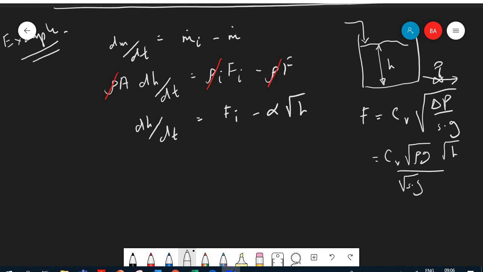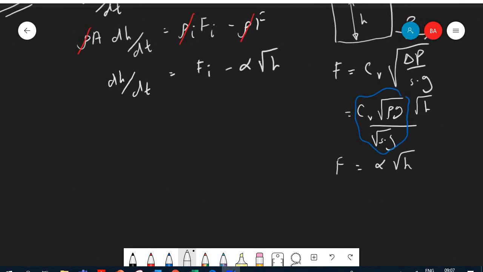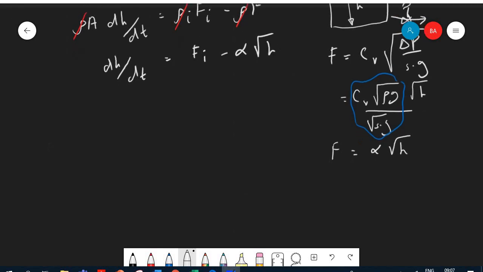Then we said that all these terms can be considered as alpha, and we came up with the term alpha, which is going to be given in the exam most probably, and if it's not given, I'm going to give you the equation so that we can calculate it. Don't worry. And this is equal to alpha square root of h. So what you need to memorize, at least for our problem, is F is equal to alpha square root of h. So we substituted F is equal to alpha square root of h. That was our equation.